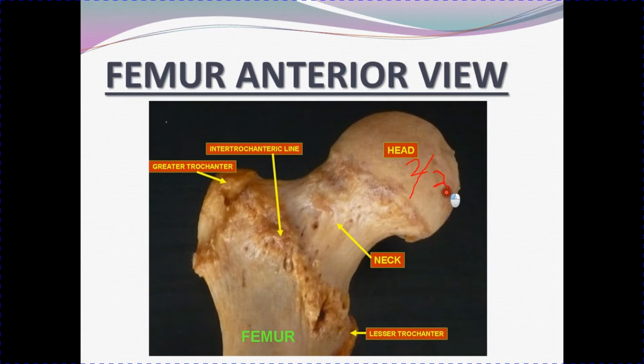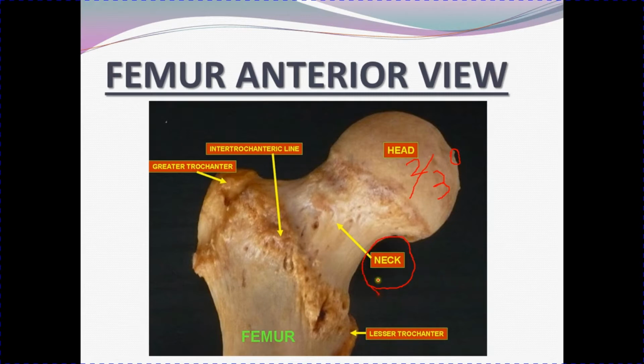The head articulates with the acetabulum to form the hip joint. The head has a small depression called the fovea capitis, to which the ligament of head of femur is attached. The narrow constricted region below the head is called the neck of femur.